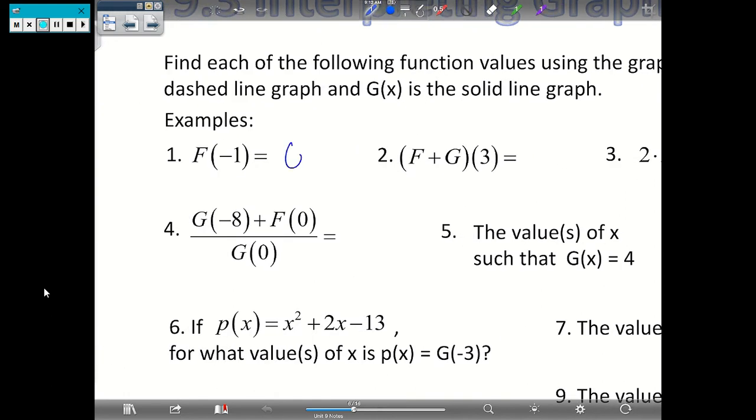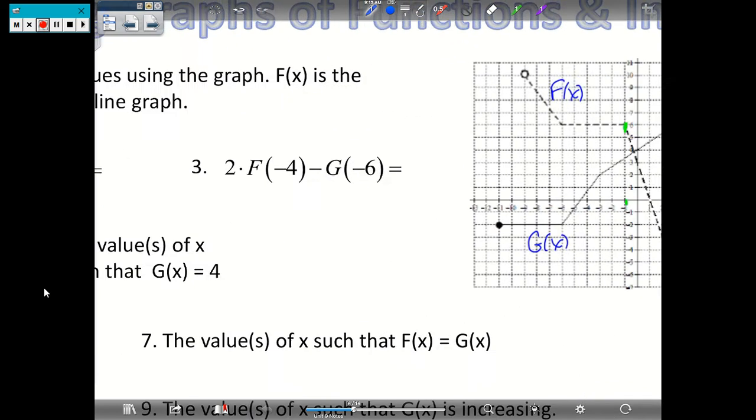So this was 6. Here, this is a kind of weird notation, which is why I wanted to do one like that, just so that we're aware what that means. What they're asking you to do is f of 3 plus g of 3. Use each function's y value at 3.